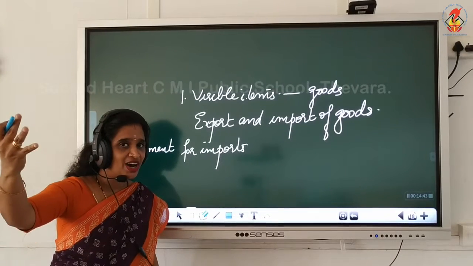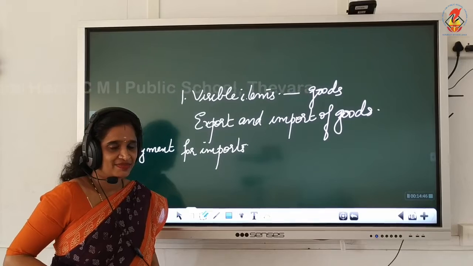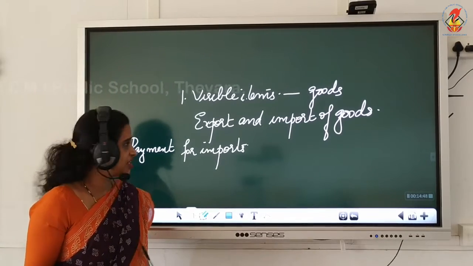Import means we are buying goods from other countries, so we have to pay for it.